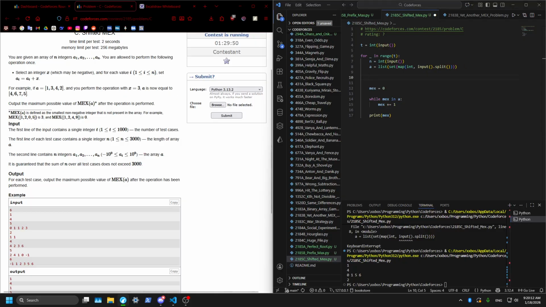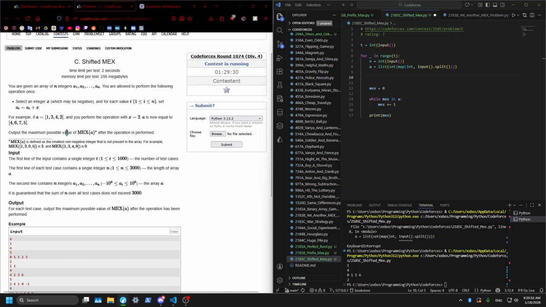So we're given an array, and we're allowed to shift the entire array by any number to maximize the mex.